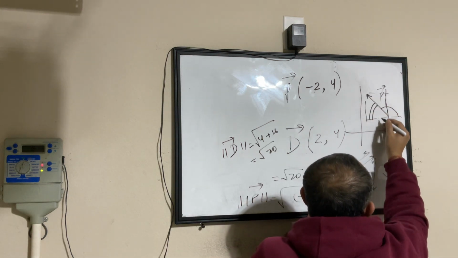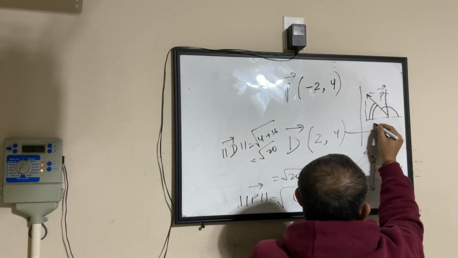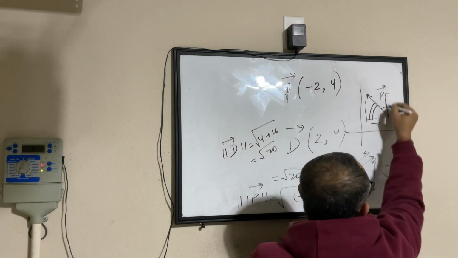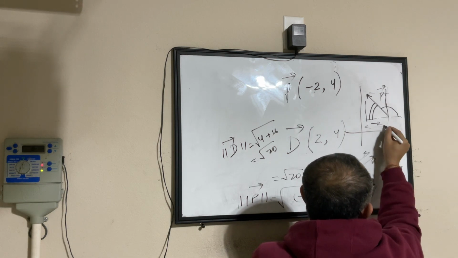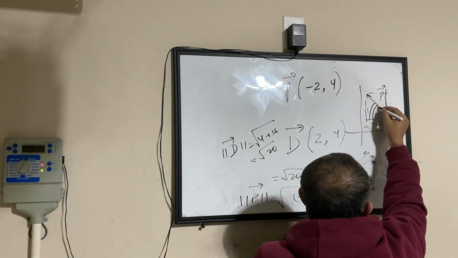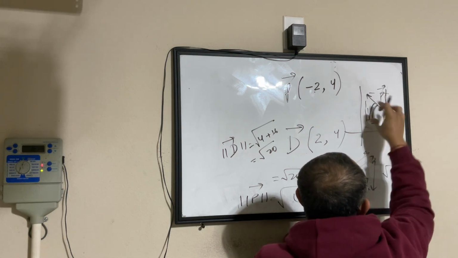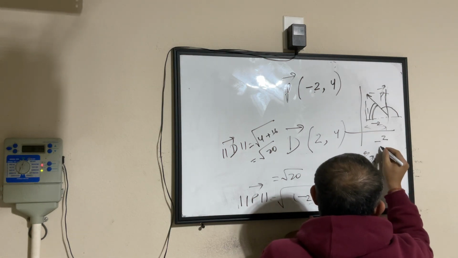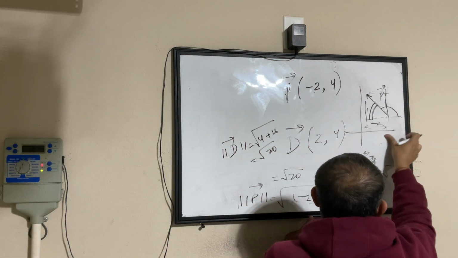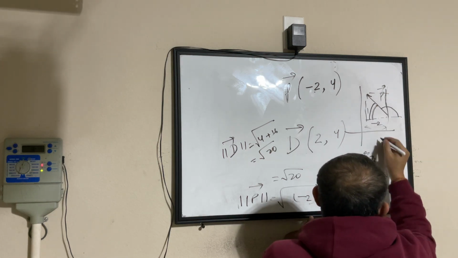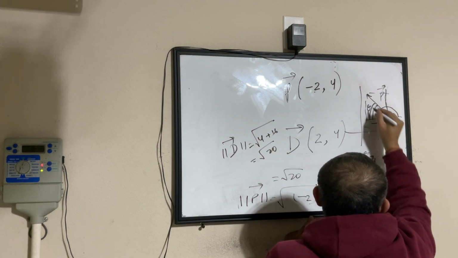So let's look at it. We know that x is minus 2, which we can see, right? If this was my origin, this is minus 2, correct? And this is 4. So what is this angle? Let's say this is theta.